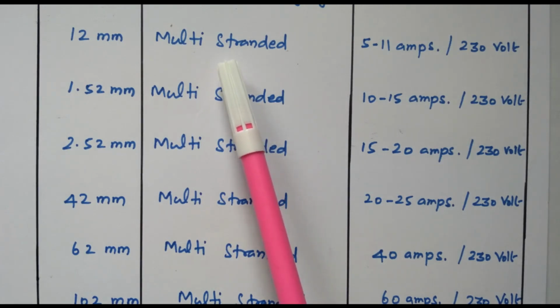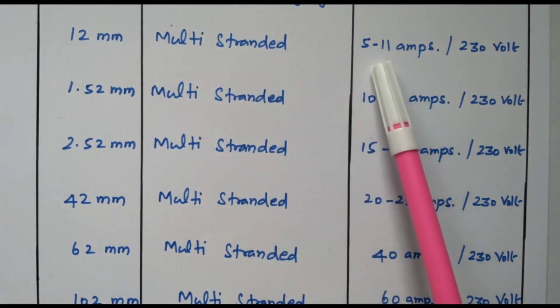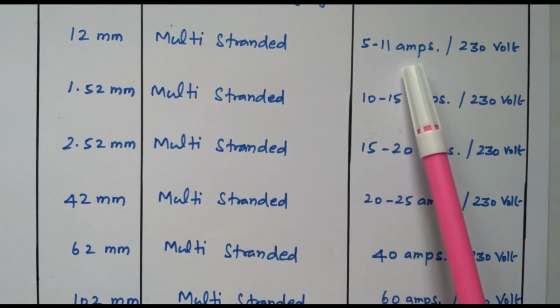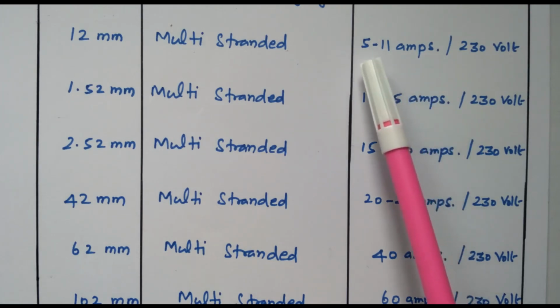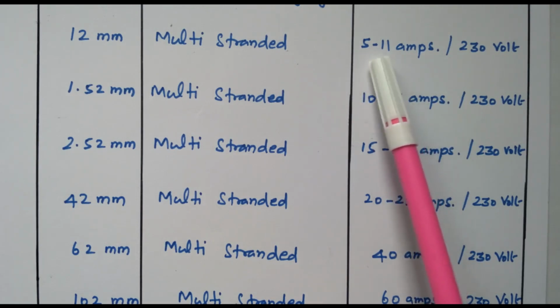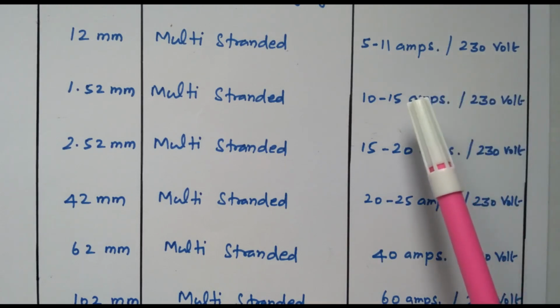What we discussed earlier had only one conductor, but here it is multi-stranded. The current carrying capacity is 5 to 11 amperes. It will be able to carry 5 ampere to 11 amperes. The voltage remains the same, 230 volts.